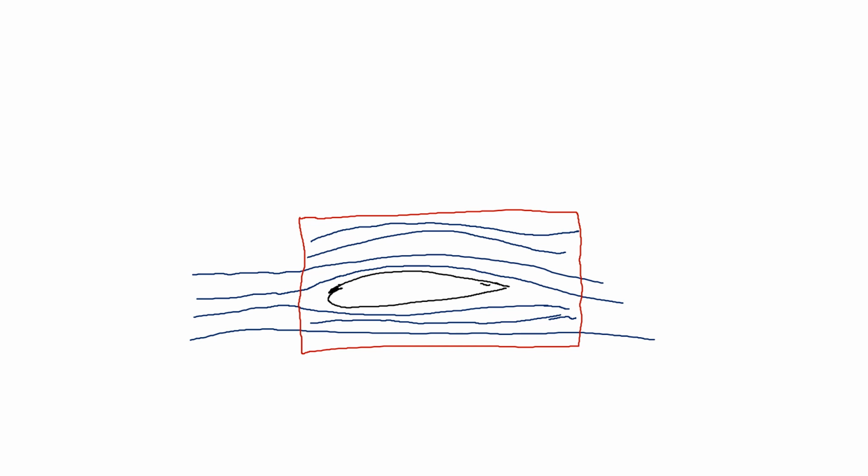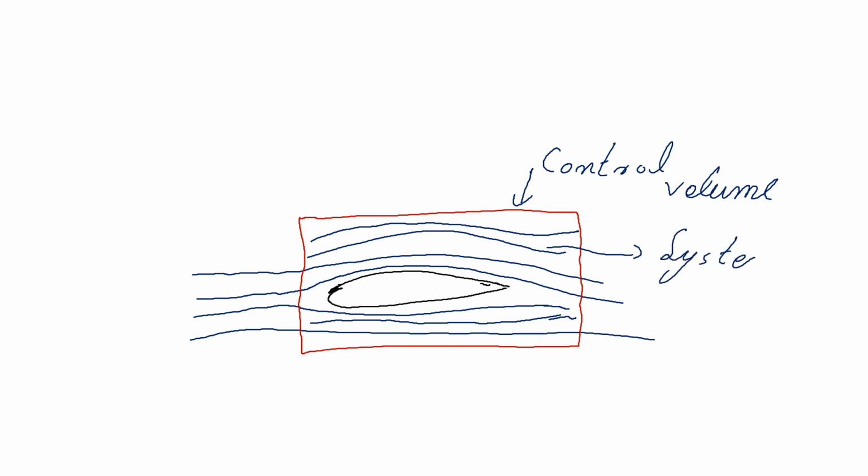So why are we doing this? We are doing this because we want to develop a relation between our control volume and our system, that is our portion of fluid that is moving through this control volume.